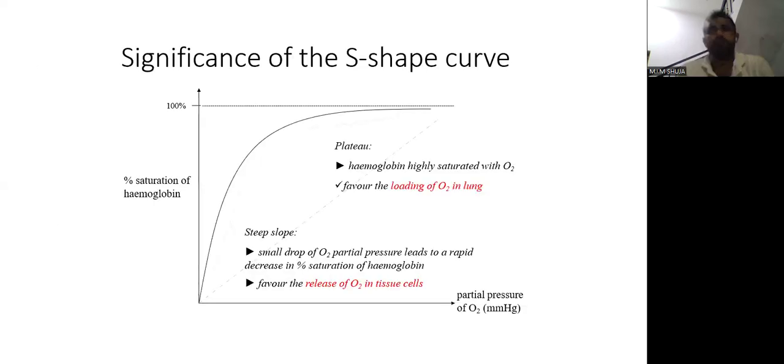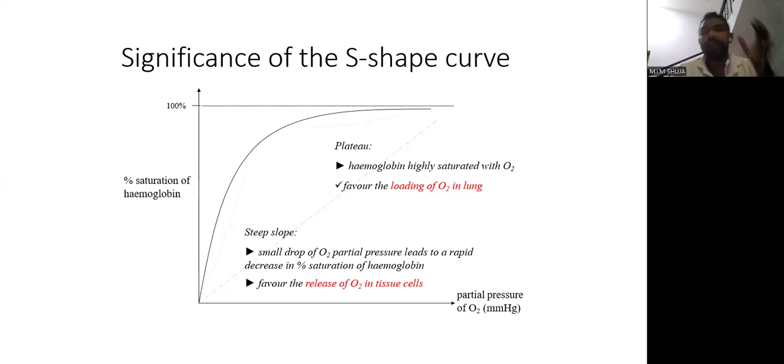So before going into this, let's just think. I said we need oxygen for our body's metabolic needs. But the oxygen is carried in the blood by binding to hemoglobin. But we get oxygen from the lungs.